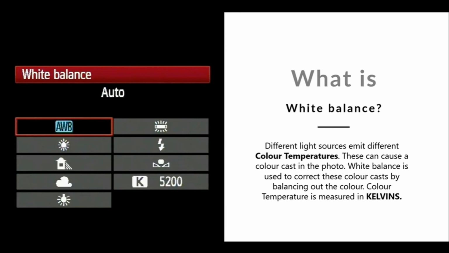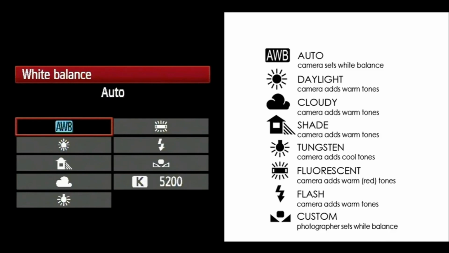For example, tungsten light, which we'll talk about in a moment, produces very yellow light, so skin tones can look very yellow underneath it. Colour temperature is measured in kelvins, so you'll often see this K when we're talking about colour temperature, and it's referring to kelvins.